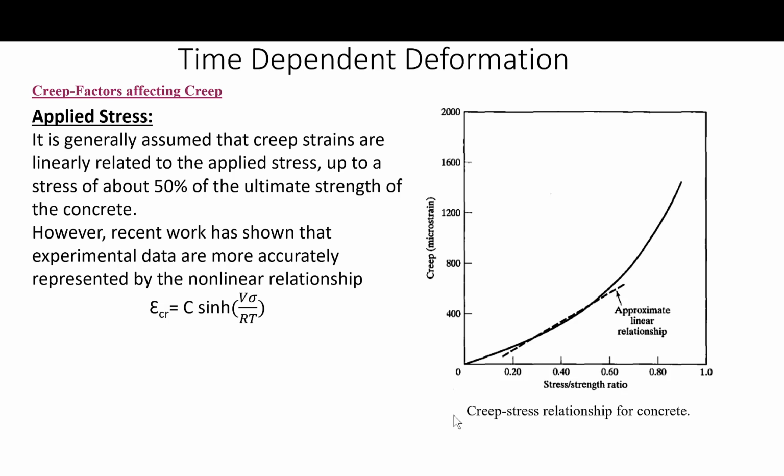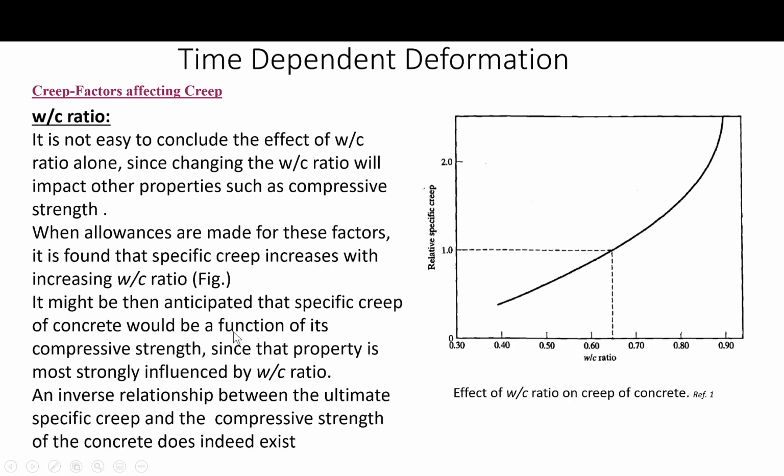However, recent research has shown that experimental data are more accurately represented by a non-linear relationship, as you can see in this curve, and according to this equation right here.